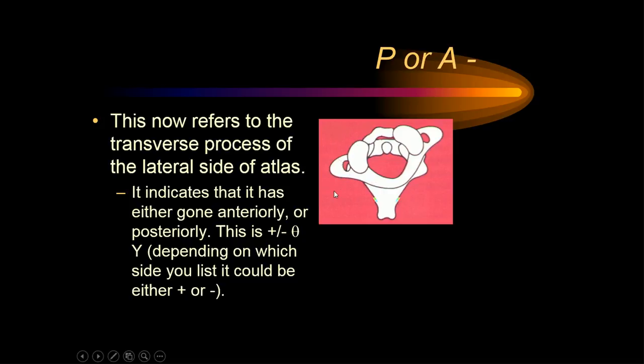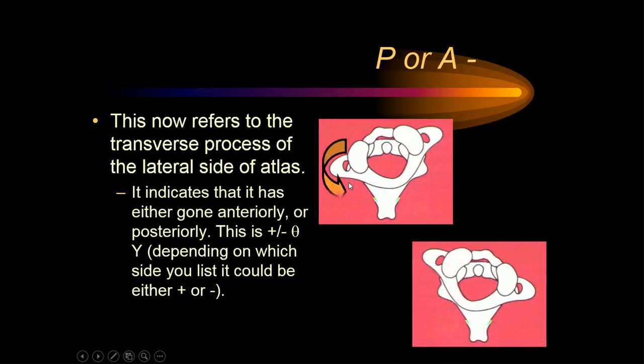That makes the left TVP posterior in this case, and the right TVP anterior. Depending on which side we're actually setting up on, that's going to dictate whether we use the P or the A. This one's just the other direction. This one's in a negative theta Y malposition. It's also going to be a left rotation restriction because this part of the atlas won't pivot to the left. So that's a right posterior or left anterior, depending on what you're dealing with.